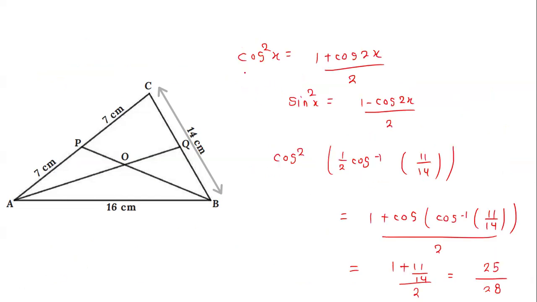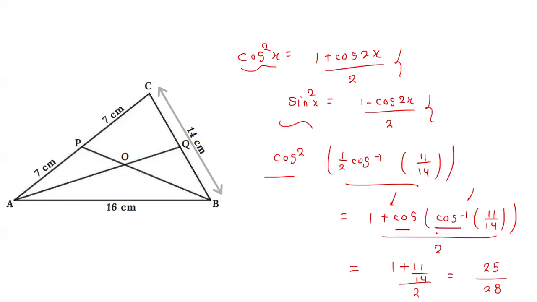Now you can see these two things: cos of x whole square we can write as (1 plus cos 2x) by 2, and sin of x whole square we can write as (1 minus cos 2x) by 2. So if we calculate the cos square of half of cos inverse of 11 by 14, it will come like 1 plus cos of 2 times this angle. So the half cancels because of the 2, and it becomes cos inverse of 11 by 14.